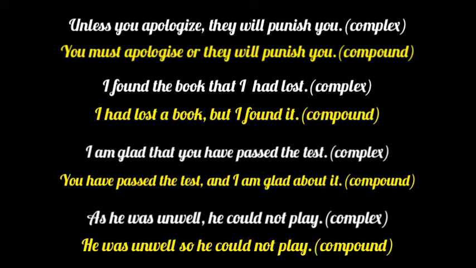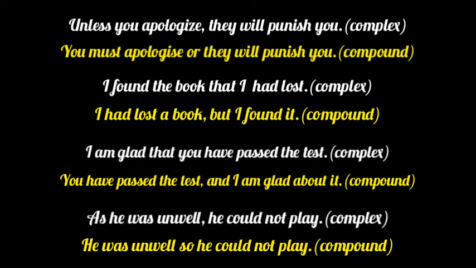So you see, first you have to identify the subordinate or dependent clause in the complex sentence and convert it into a coordinate clause with the help of a coordinating conjunction. Please watch my previous videos on the subordinating conjunction, the complex sentence and the compound sentence for a better understanding.